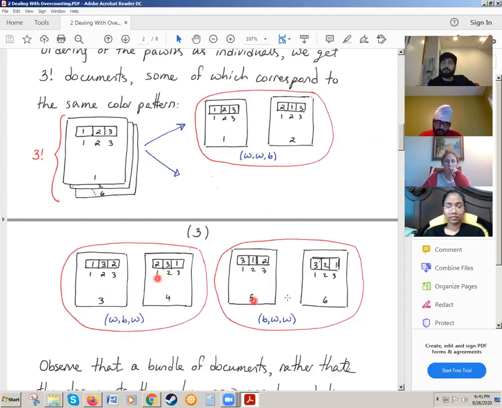So the number of piles will be the number of unique patterns that I can distinguish. And each pile contains the same number of documents. So if I know the total number of documents and I know the number within the pile, all I have to do to figure out the number of piles is to divide the total number of documents by the number within each pile.